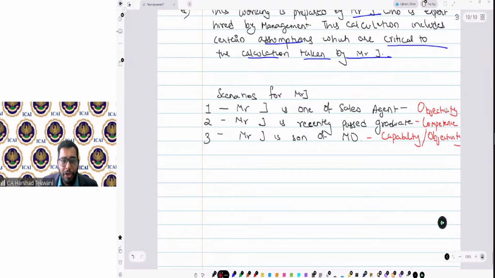Okay, so there can be issues in these areas because Mr. J is the son of the managing director. For sure, there are high chances that he might end up showing the estimate or the sales commission on the favorable side of the management. If that is the scenario, then there is a high chance of objectivity and capability questions.